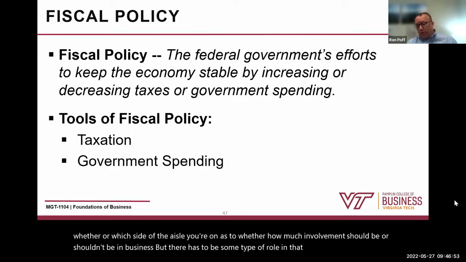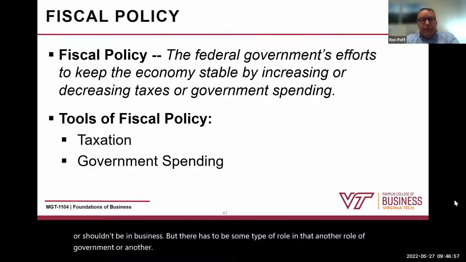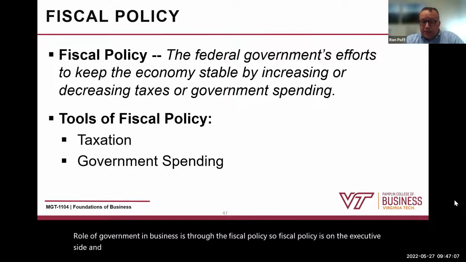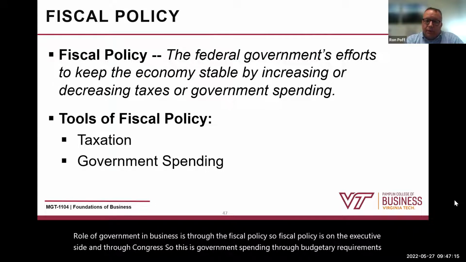Another role of government in business is through fiscal policy. So fiscal policy is on the executive side and through Congress. So this is government spending through budgetary requirements, negotiations through the budget office.